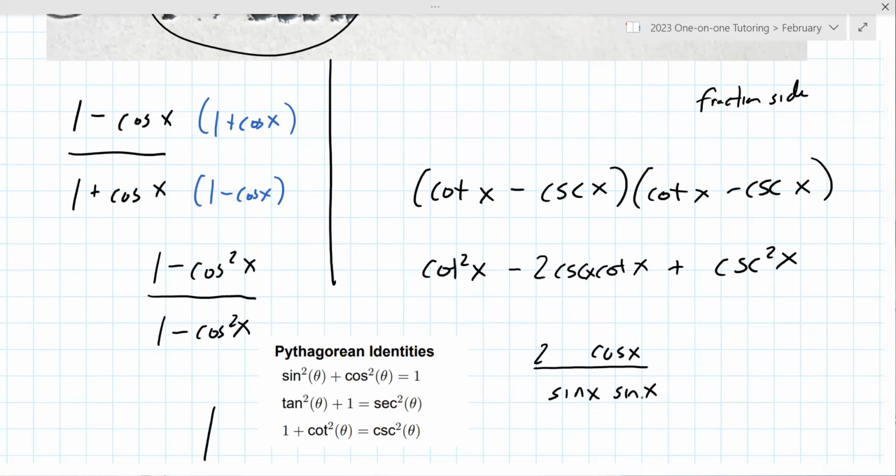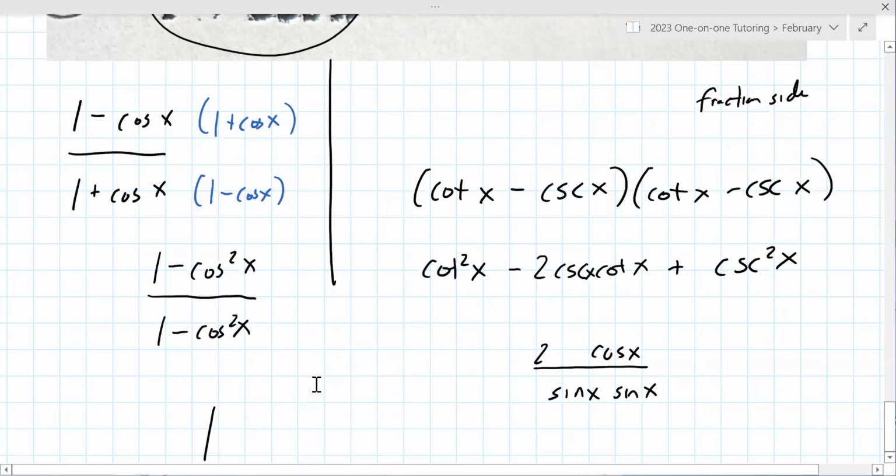Actually, this may not even be useful at all. Yeah, so you just made the middle one into cosine and sine. Yes, and this first one becomes cosine squared x over sine squared x. And this last one becomes 1 over sine squared x.